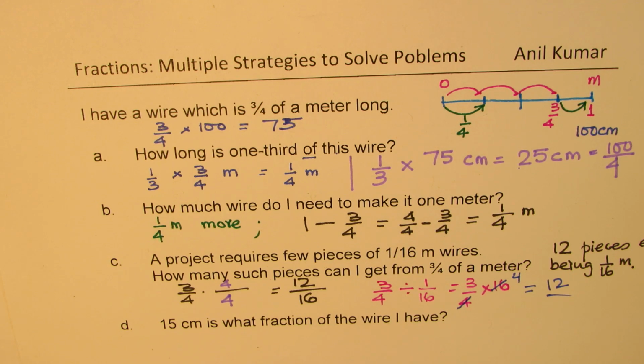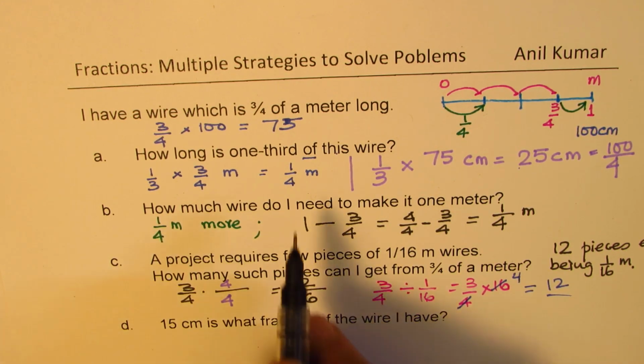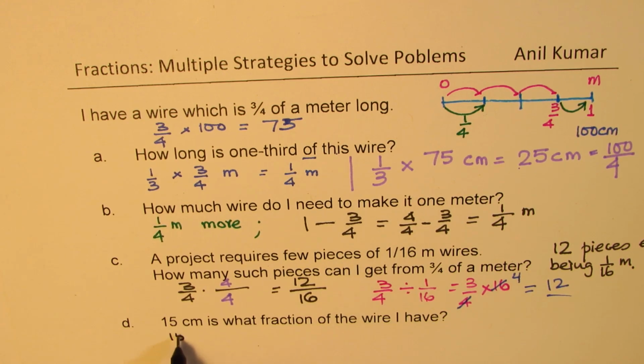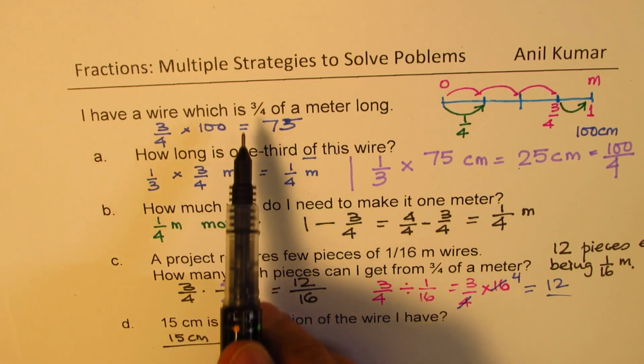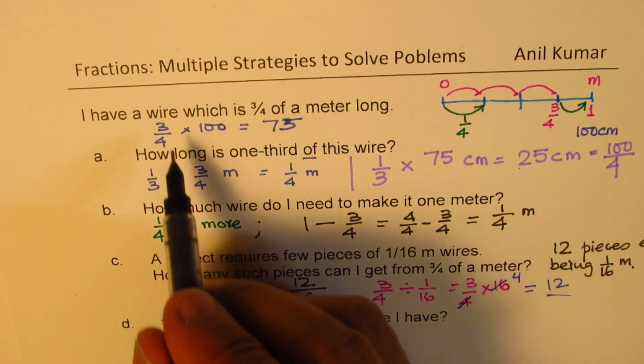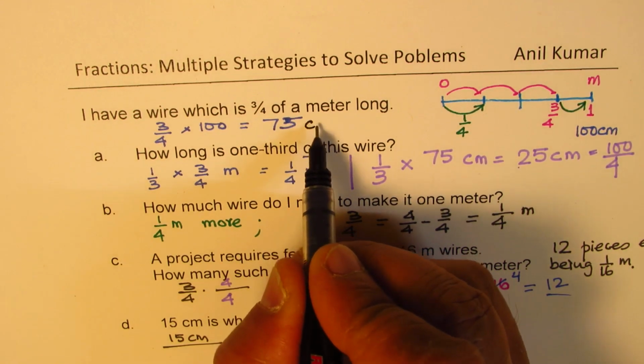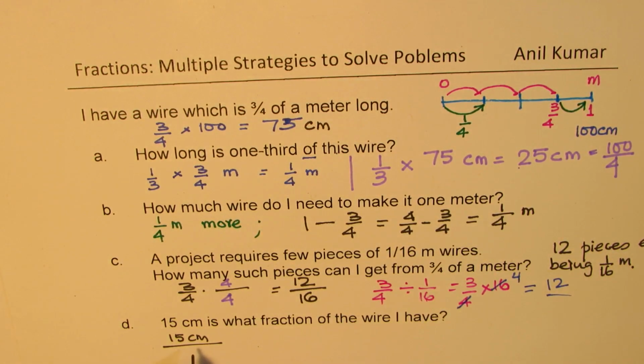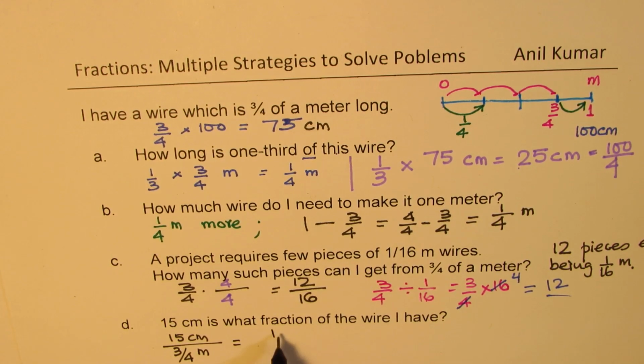Last part is, 15 centimeters is what fraction of the wire I have. Now, when we are talking about fractions, we should have the same units, right? So when I say 15 centimeters is what fraction of the wire I have, 15 centimeters and what I have is 3/4 of a meter. 3/4 of a meter is 75 centimeters, right?